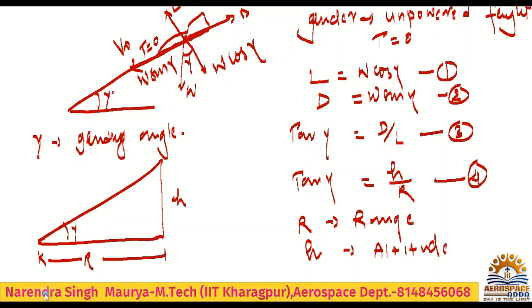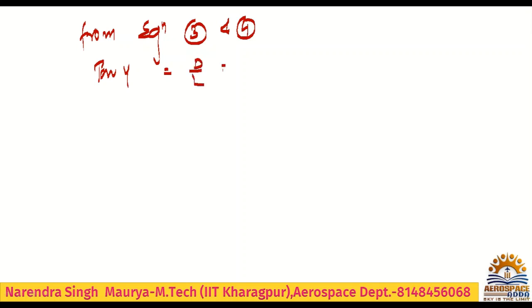We can relate equation 3 and 4. From equation 3 and 4 we get tan gamma is equal to D by L is equal to H by R. What we want to calculate is R, which is H by tan gamma.